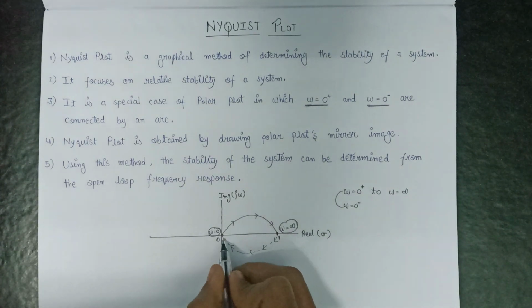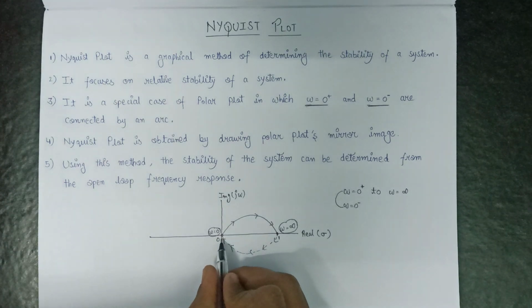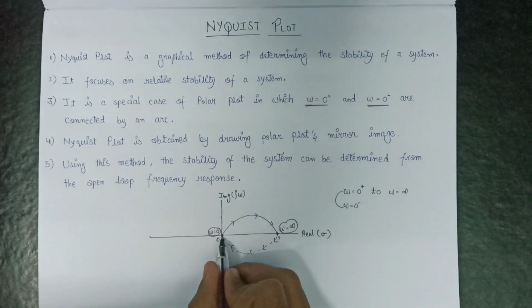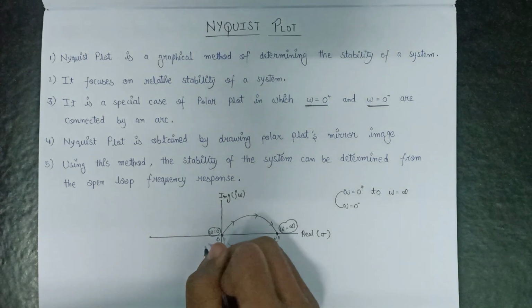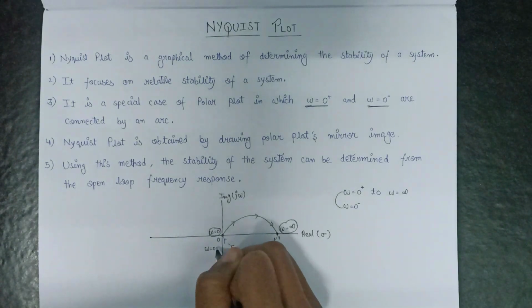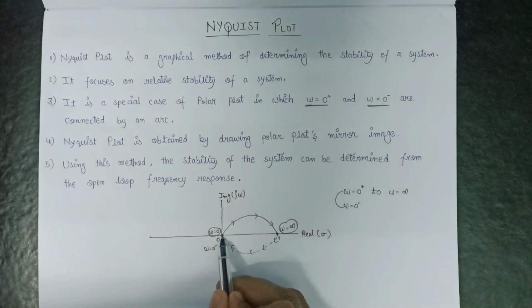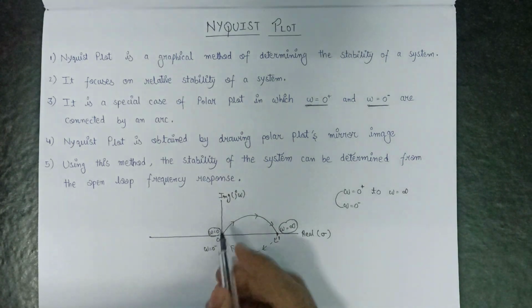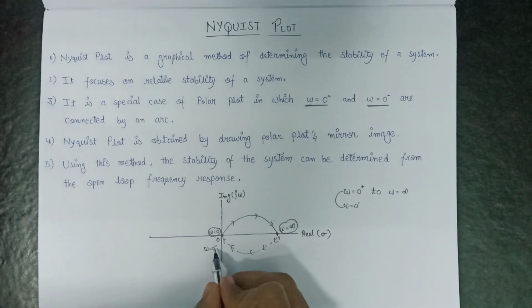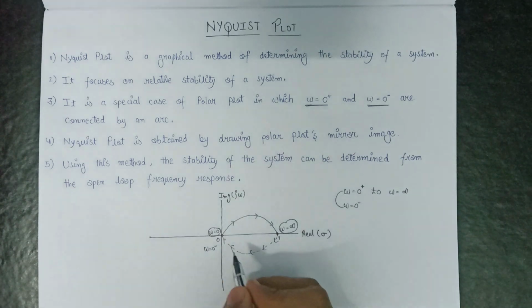And the point at which the mirror image of the polar plot terminates will act as omega equals 0 minus.